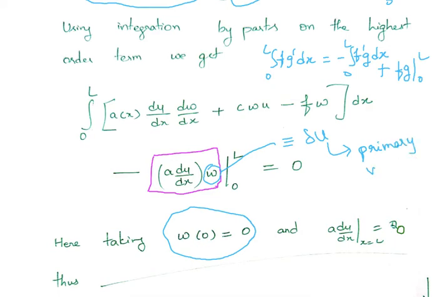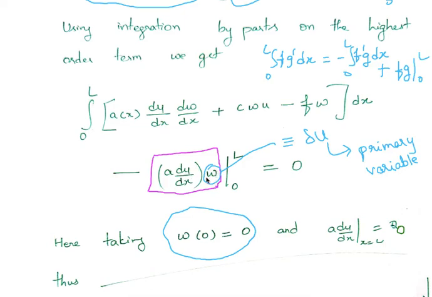So u is defined as the primary variable. Now let's say the boundary term, instead of u, had du by dx. If you replace w with u, you will get the variation of du by dx, so the primary variable will be du by dx in that case. In order to identify primary and secondary variables, you have to look at the boundary terms in the weak form statement. You take the terms involving w and replace w with u; what you get will be the primary variable.